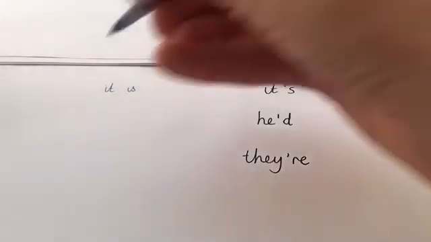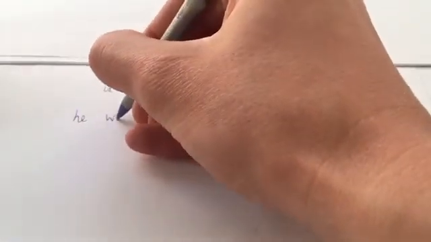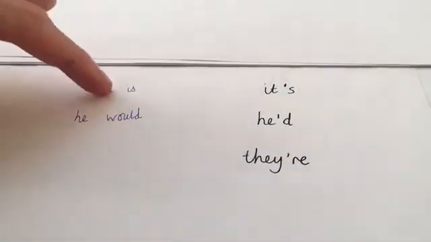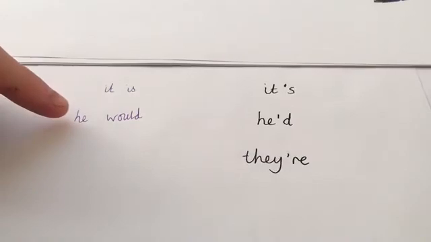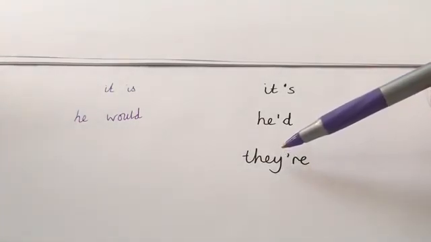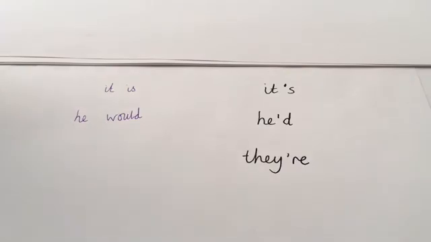That comes from he would. So they've contracted these two words to become it's, he would to become he'd, and there is coming from an example like they're reading their books, more than one person, it's they are.